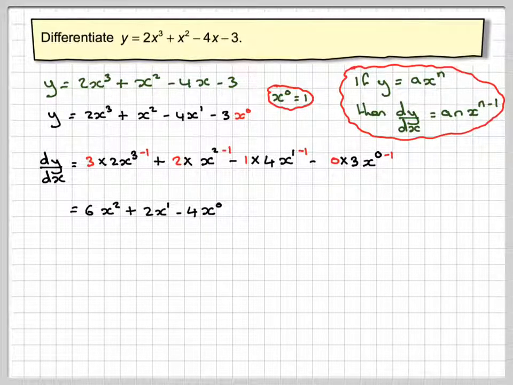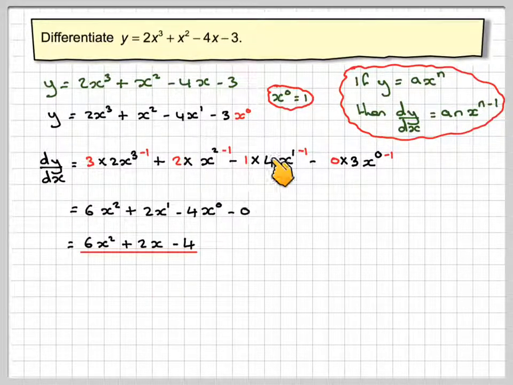And then lastly, 0 times anything is 0. Again, perhaps you're not going to write this line in when you come to do it. That's just going to give me 6x squared plus 2x, and then this is just going to give me minus 4, because x to the 0 is 1. And then here we've got minus 0. I'm not going to bother writing that in.